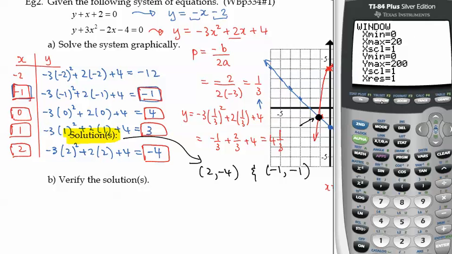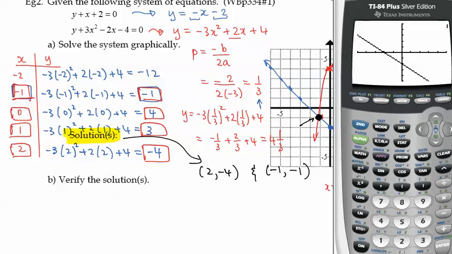And I want to make sure the window is good in shape. So now I have some big numbers here. Let me change it back to something that you want to use. Here is the straight line and the parabola. You can get your graphing calculator to show you the table.